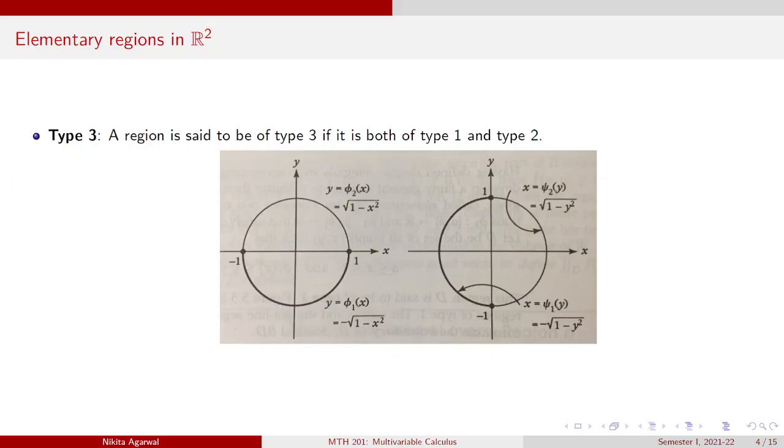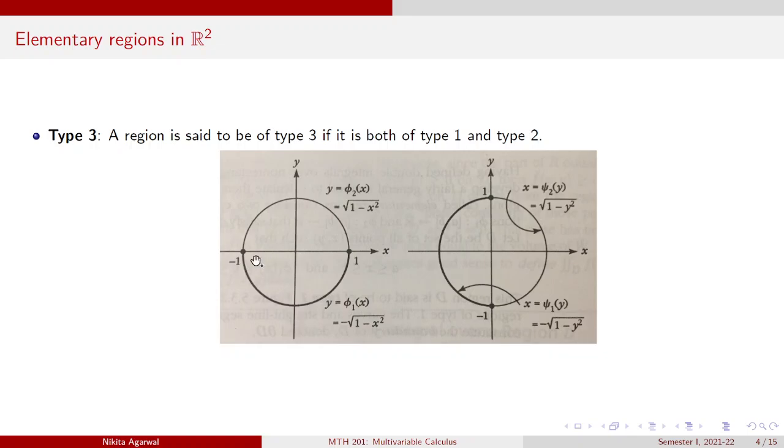So you can find phi1 and phi2 such that the region looks like type 1 or you can find psi1 and psi2 such that the region looks like type 2. So if you take this circle, right, circular disc, then in this case it is both, it is type 1 as well as type 2. Why is it type 1?